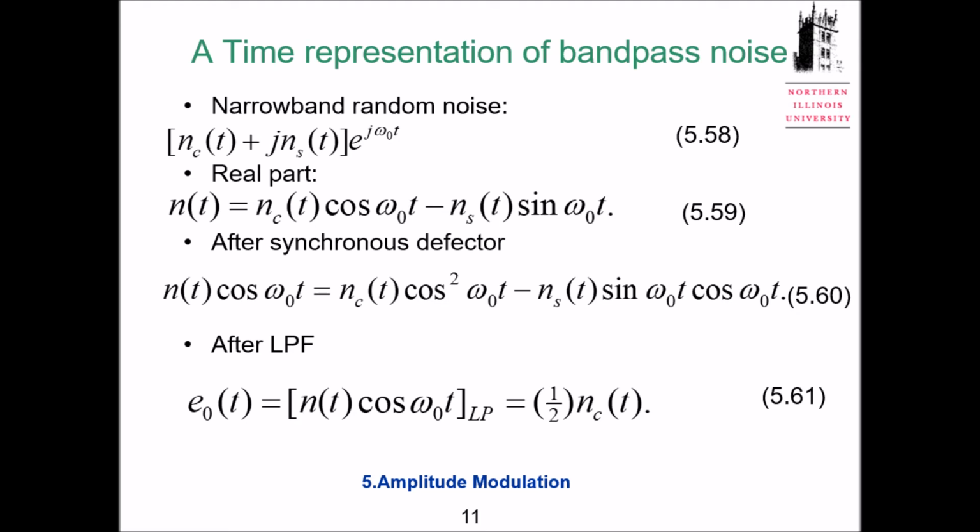So go through the low pass filter: 2ω0t is gone, sine is also gone. Only this one is left. So my output for noise going through this coherent detector or coherent receiver is half Nc(t). The procedure is not required, but try to follow.